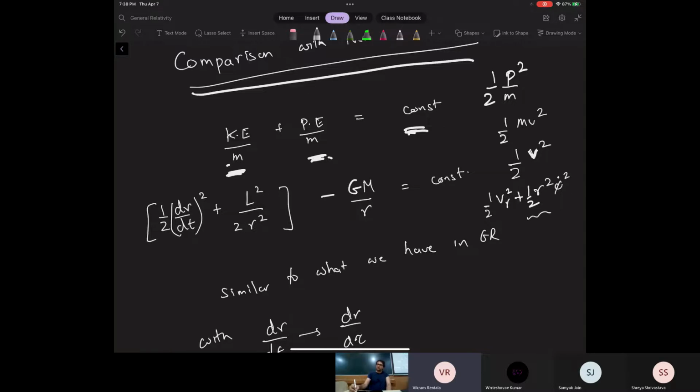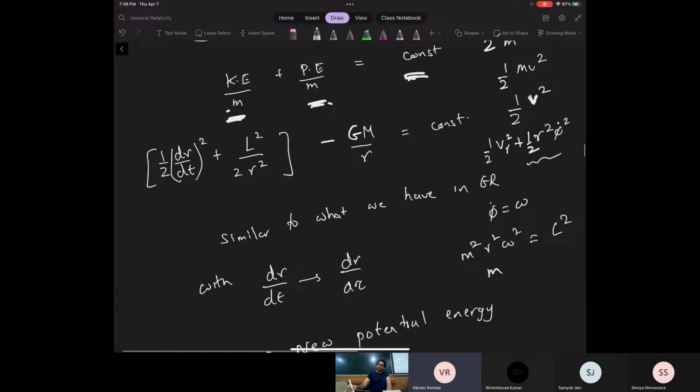This is an additional term, but this is really related to the angular momentum. Phi dot is the angular velocity, and m squared r squared omega squared is the angular momentum squared.